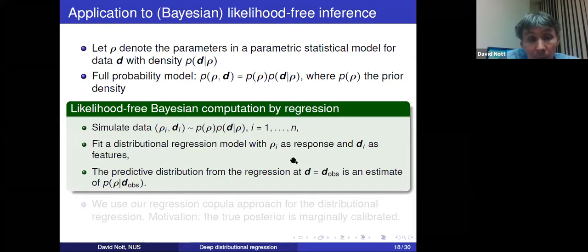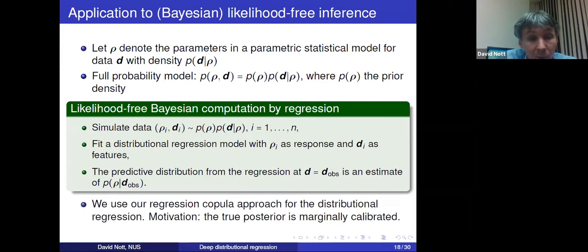And then we use a predictive distribution from our regression model to estimate the distribution of the parameter given the observed data. That's an estimate of the posterior distribution.